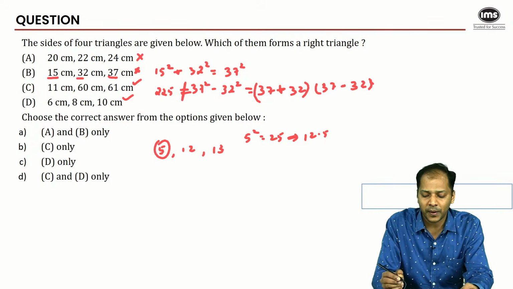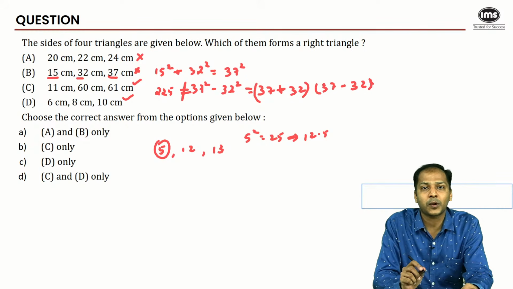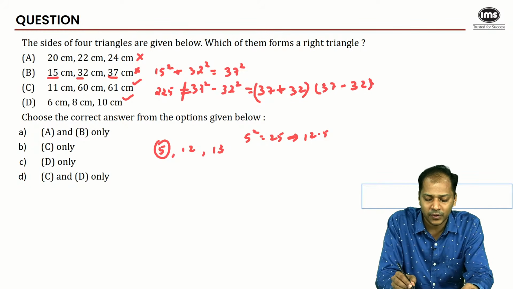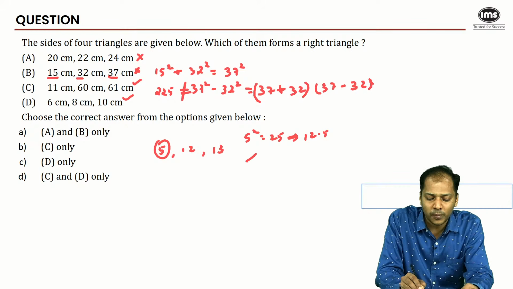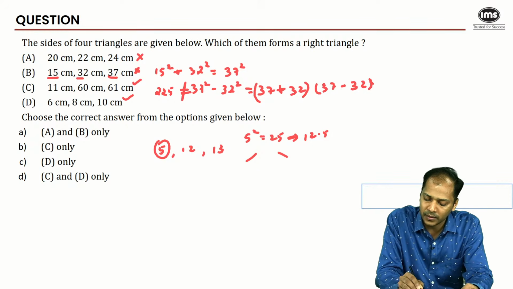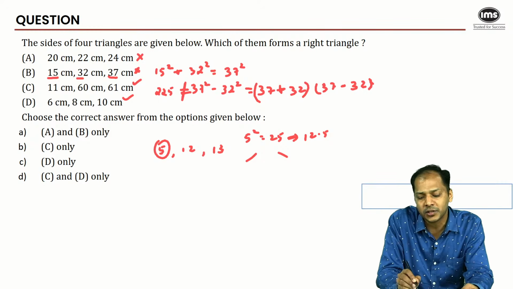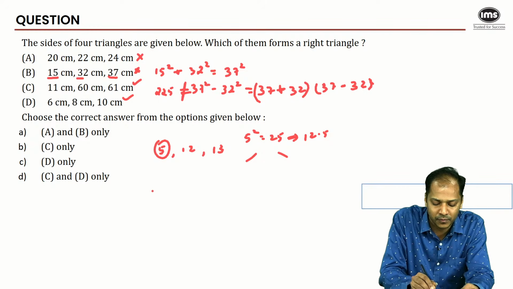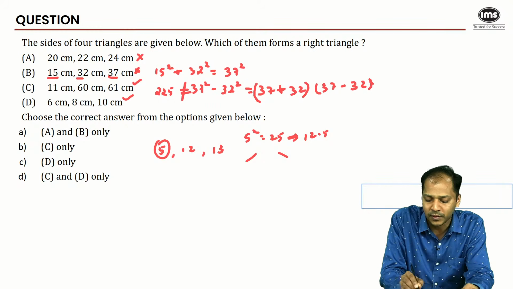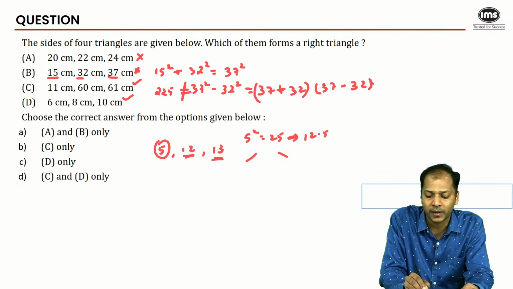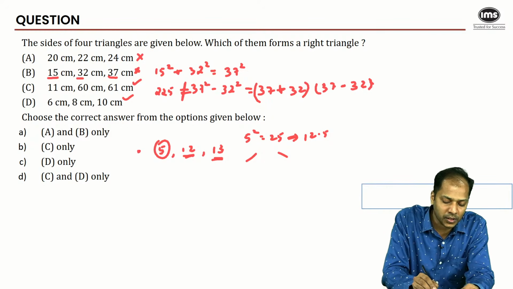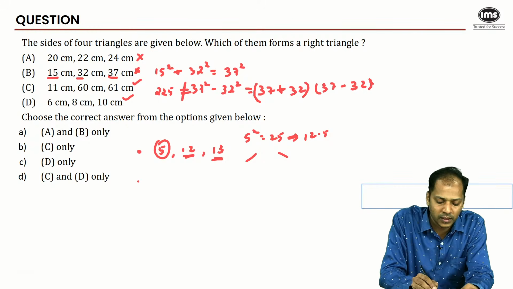If you want a triplet starting with 5, basically the two numbers that you can take are the integer before 12.5 and the integer after 12.5. The integer before 12.5 is 12, and the integer after 12.5 is 13. So the triplet would be 5, 12 and 13.